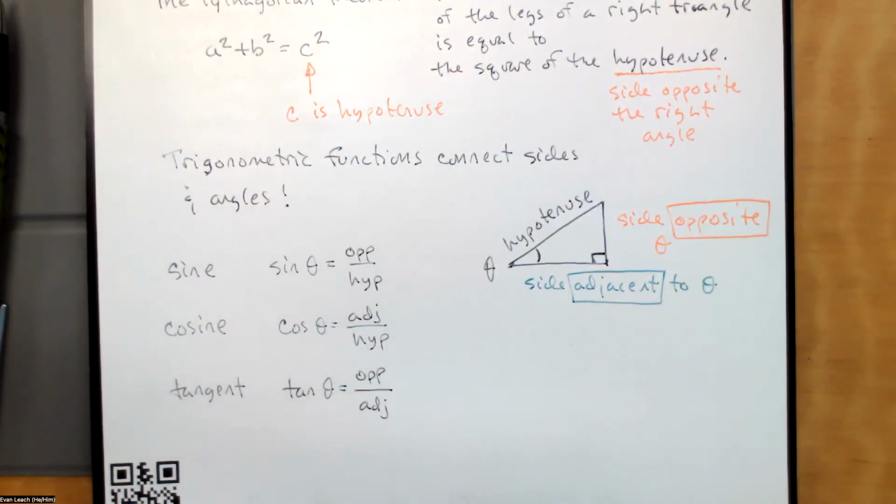Our three favorite trig functions are sine, cosine, and tangent. The thing that we have to remember is that sine is opposite over hypotenuse, cosine is adjacent over hypotenuse, and tangent is opposite over adjacent.